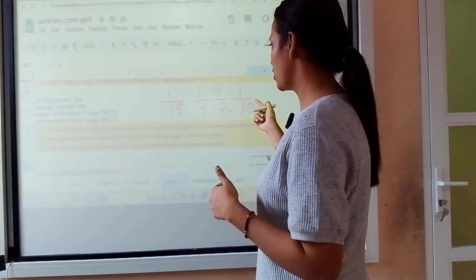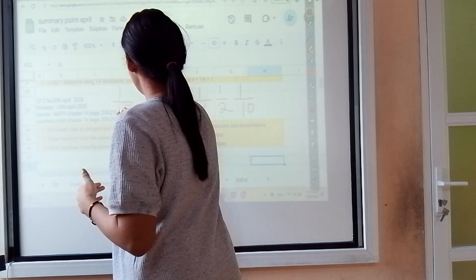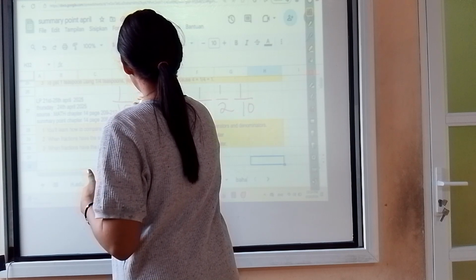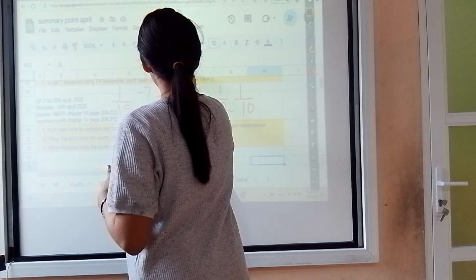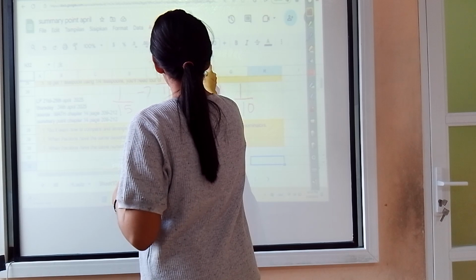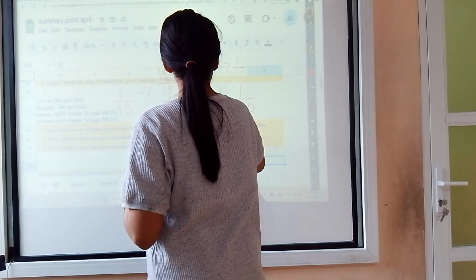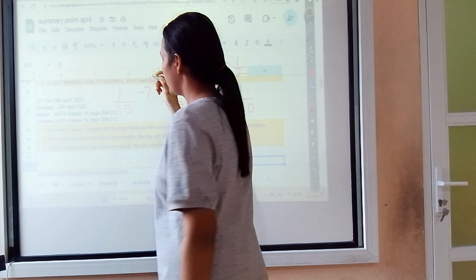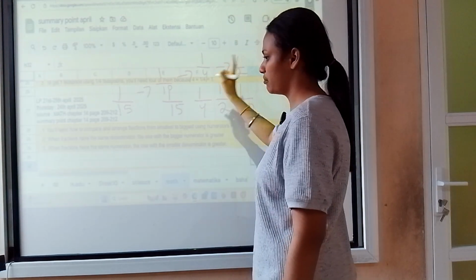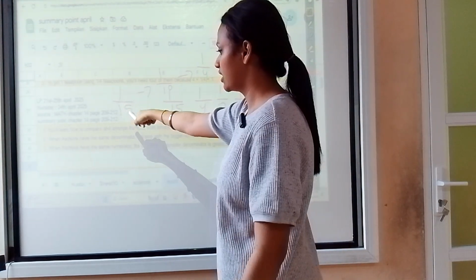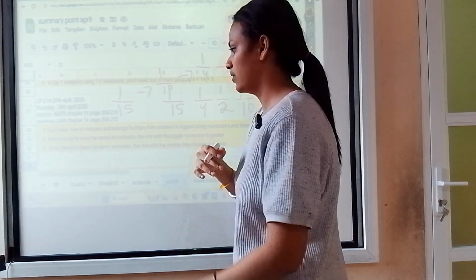So it means the smallest from here is 1/15, and then 1/10, and then 1/4, and last one is 1/2. So here I have arranged the fractions from the smallest until the largest. So it means when the number of the denominator is larger, the amount of the value will be less.